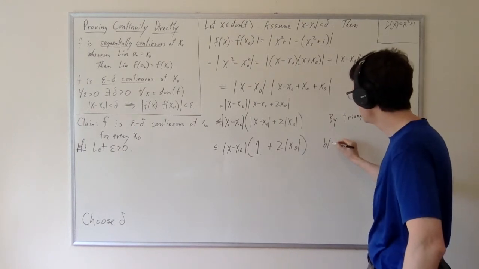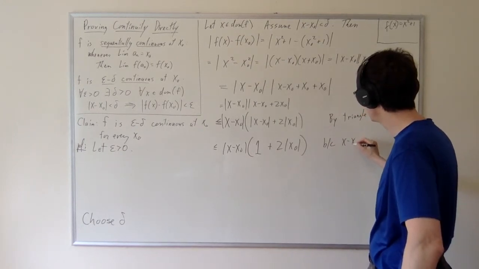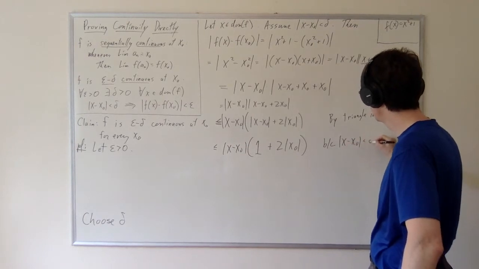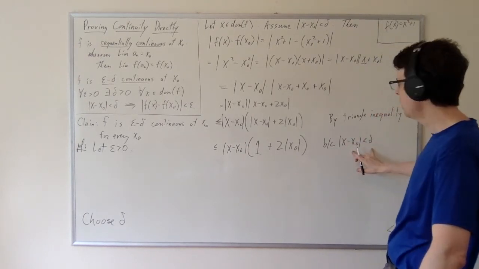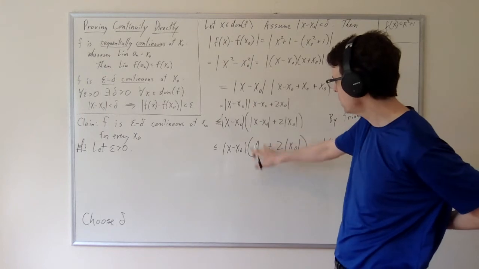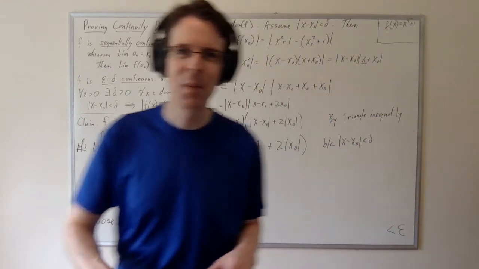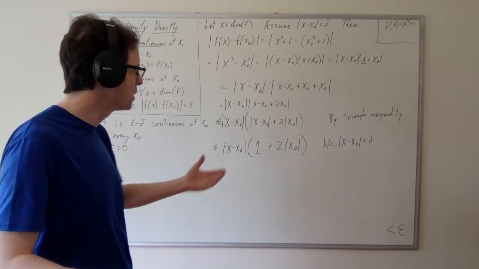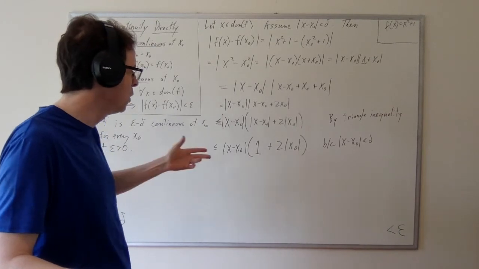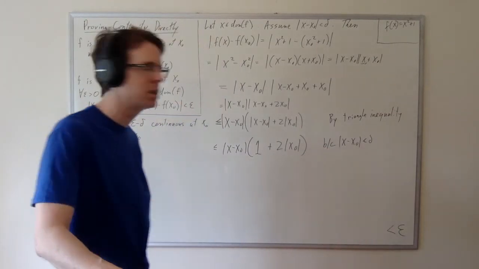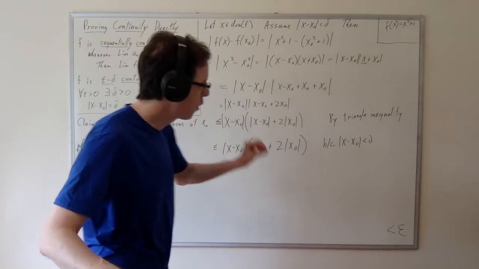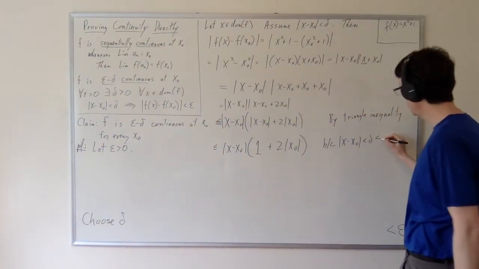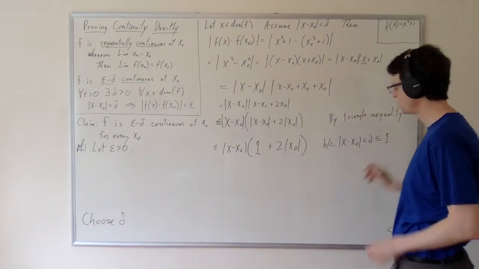I'm going to give the justification because |x minus x naught| is less than delta. But wait a minute, that's not a justification for saying that |x minus x naught| is less than 1, right? If we don't know the value of delta yet, then delta could be 2, and being less than 2 doesn't make it less than 1. Let's furthermore assert here that delta is going to be less than or equal to 1.